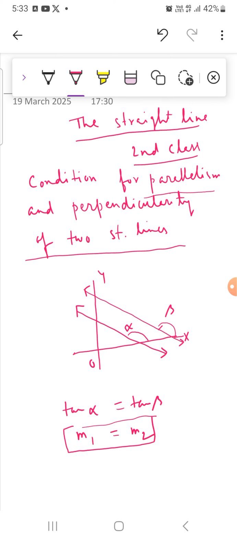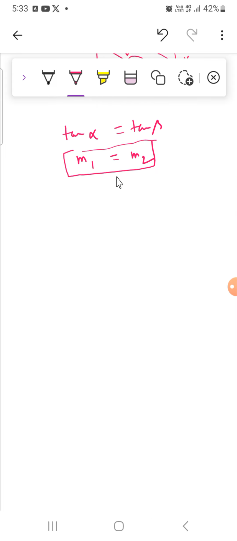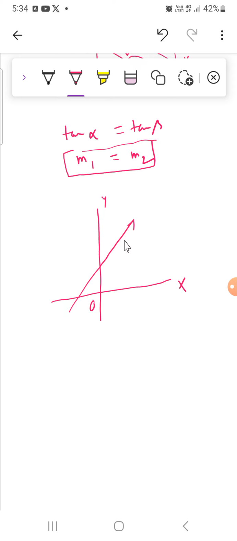Now, if the two straight lines are perpendicular to each other, again I am drawing this Cartesian plot: x-axis, y-axis, the origin O. I take a straight line here in this way, and another straight line in this way, which are perpendicular to each other.